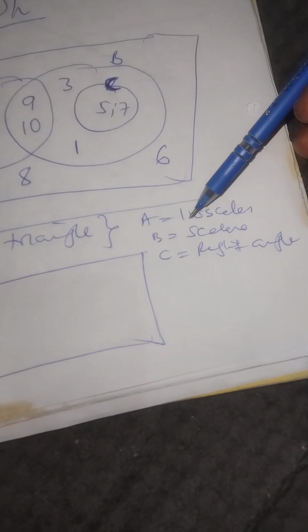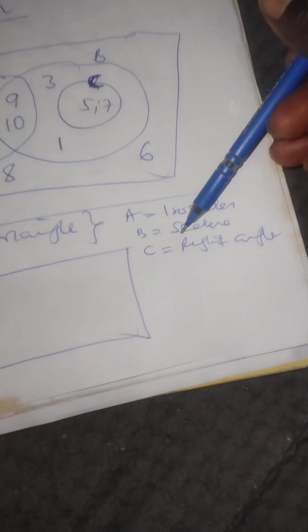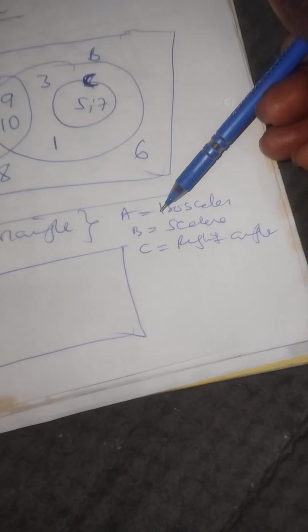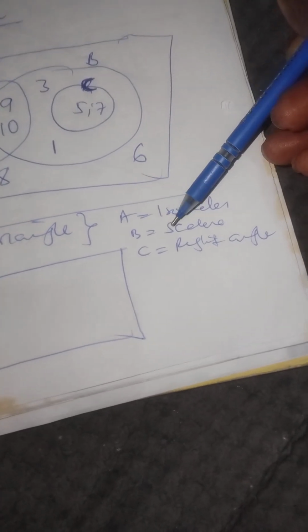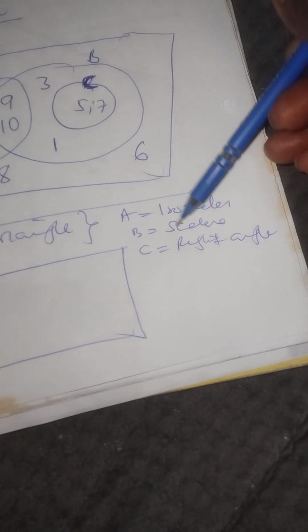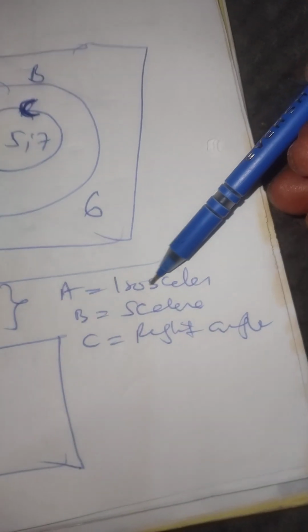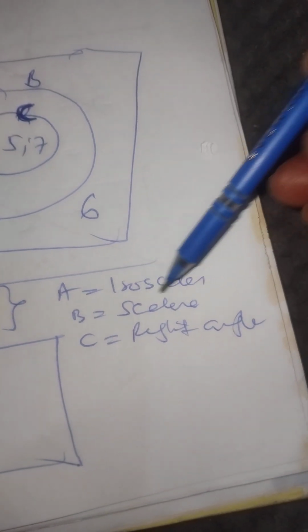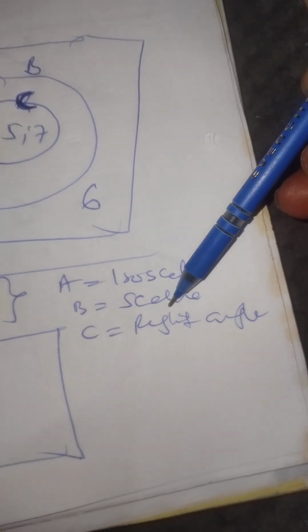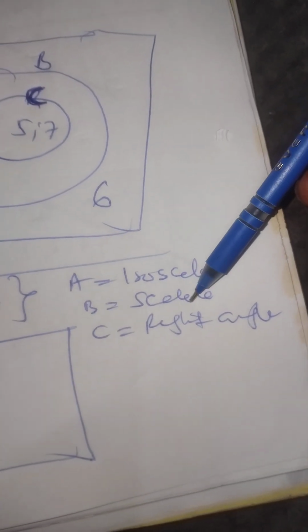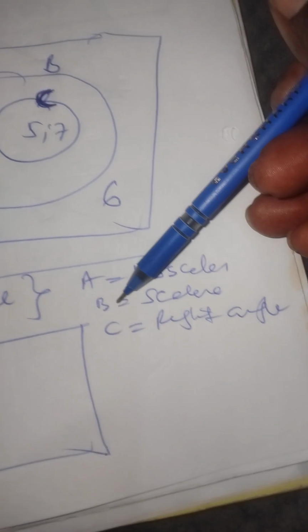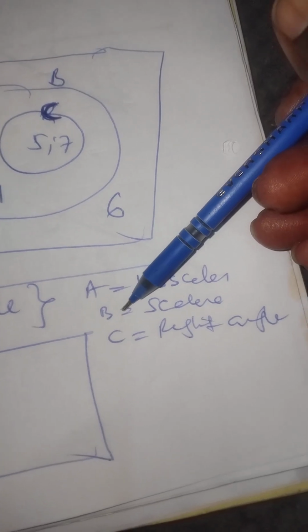But no isosceles triangle can be scalene, because in isosceles triangles you have two equal angles, which we call base angles, while in scalene triangles you have three different angles, which means set A and set B will never intersect.